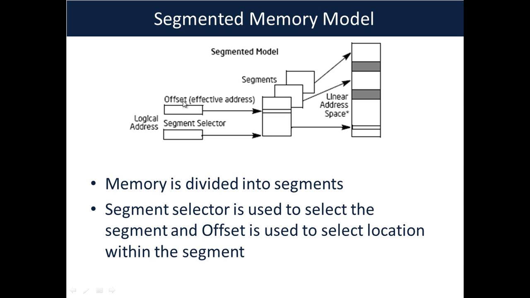Within that segment, we use an offset to figure out the exact memory location we want to deal with. Using these segments and offsets, we can address any memory within the available memory space. We will come back to segmented memory models later on when we talk about protected mode operation of the processor.